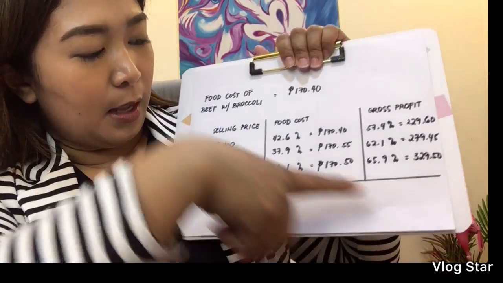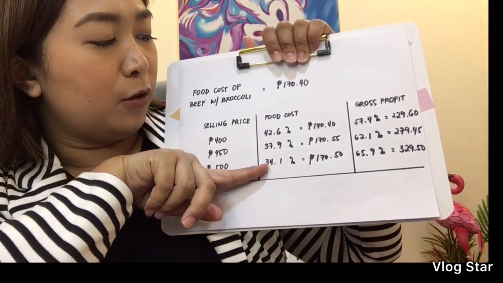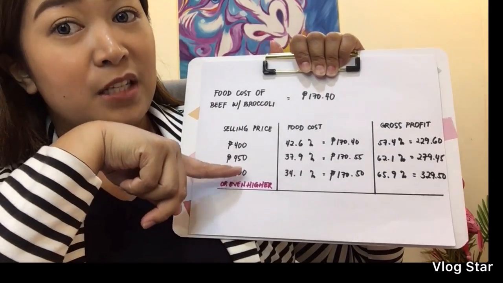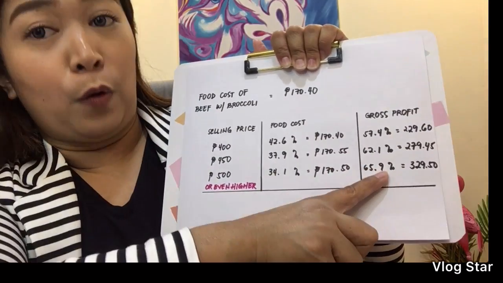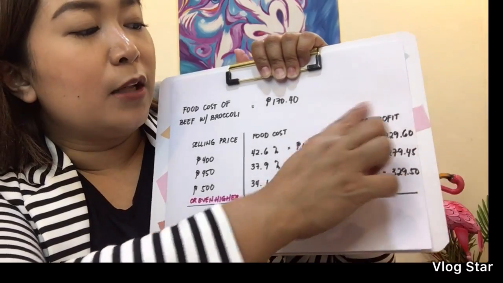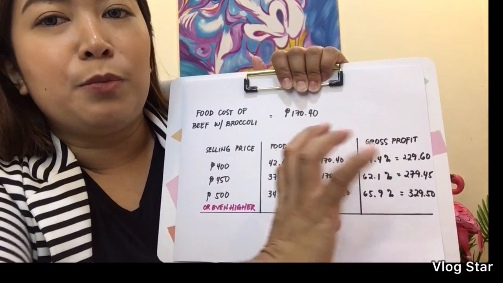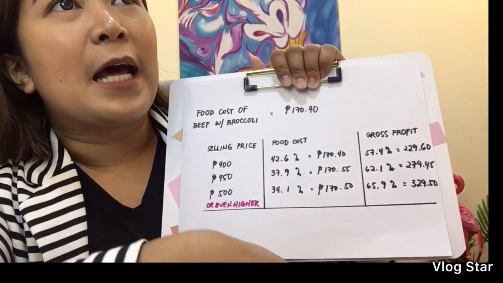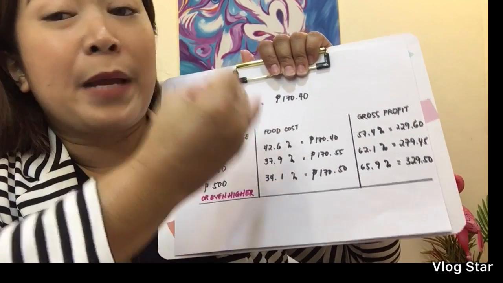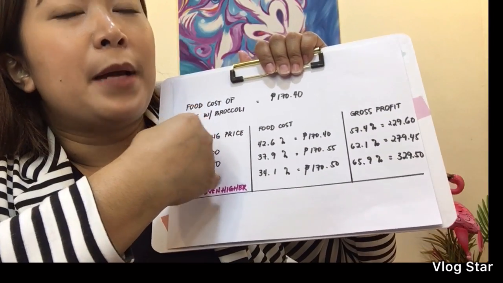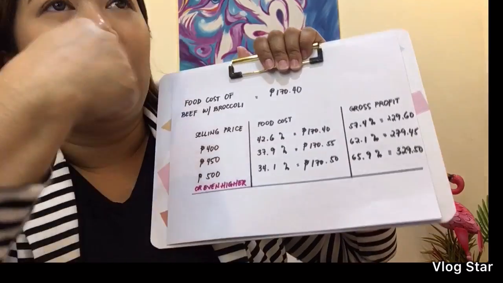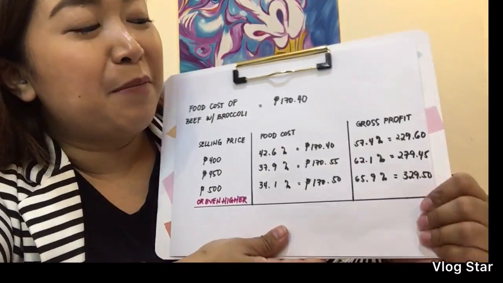So, makikita mo habang lumiliit yung food cost mo or tinataasan mo yung selling price mo, lumalaki, of course, yung gross profit. But remember guys ha, kagaya na nasabi ko, hindi pa yan yung mismong kita mo. Remember, may babayaran ka pang renta ng space mo, meron ka pang babayarang manpower sa mga tao mo, may babayaran ka pang kuryente, tubig, etc. So, madami ka pang ide-deduct dito.